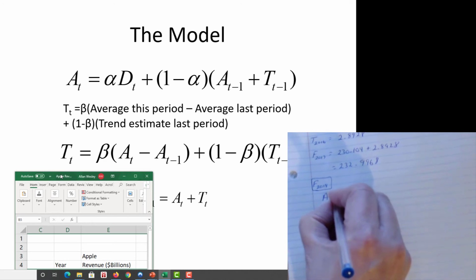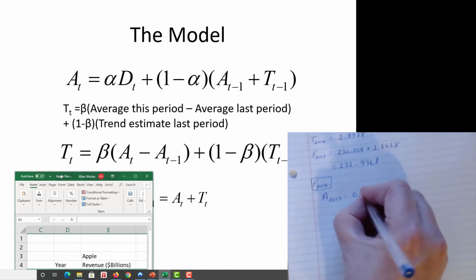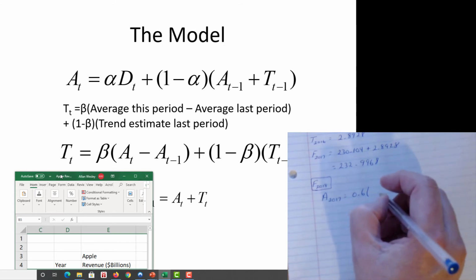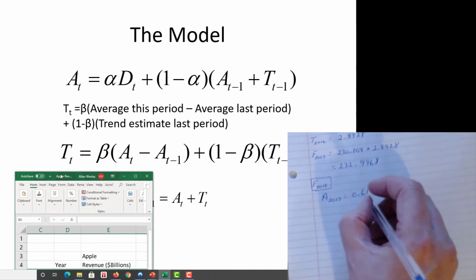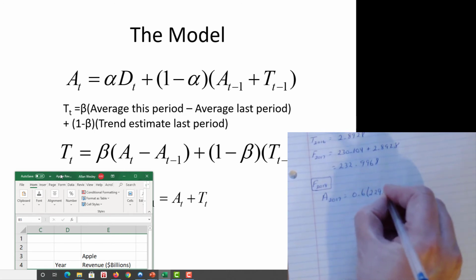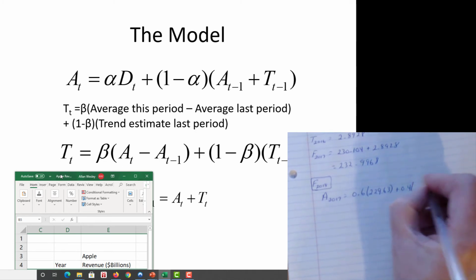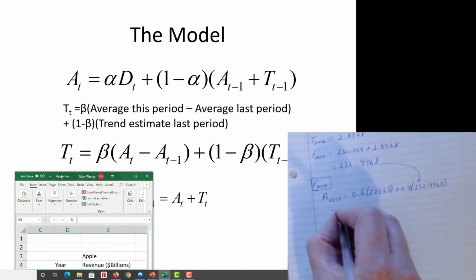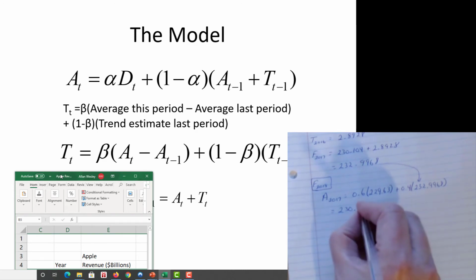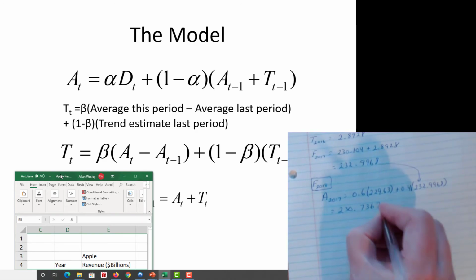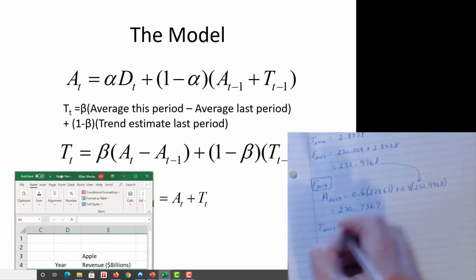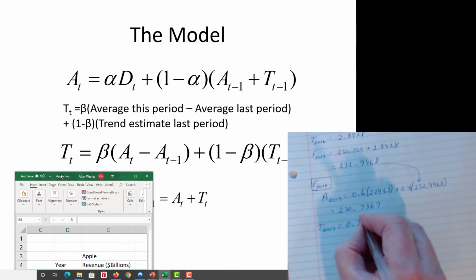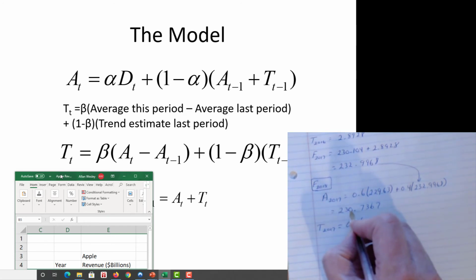We need the average for 2017, which has its smoothing constant of 0.6 times the demand for 2017, which is 229.63, plus 0.4, that's 1 minus 0.6, times our previous forecast of 232.9968. That average works out to be 230.7367.